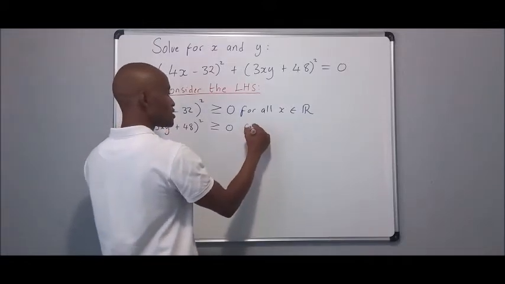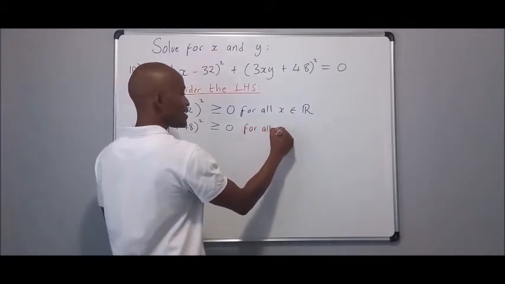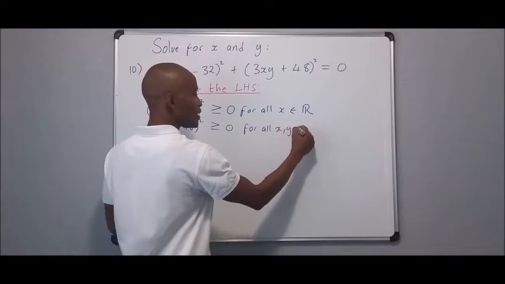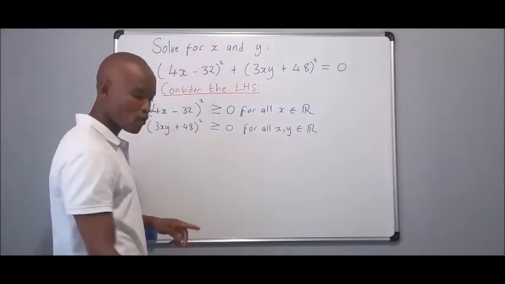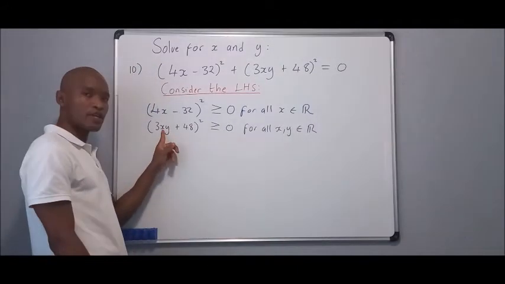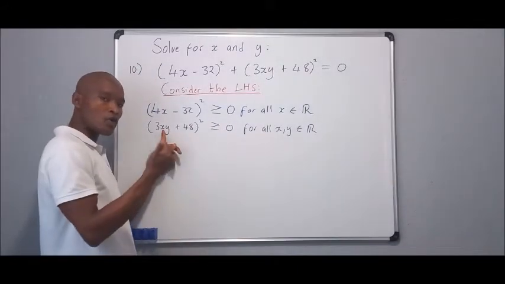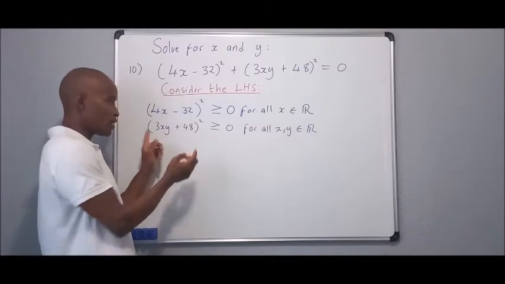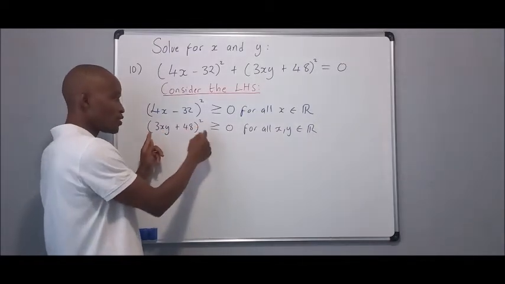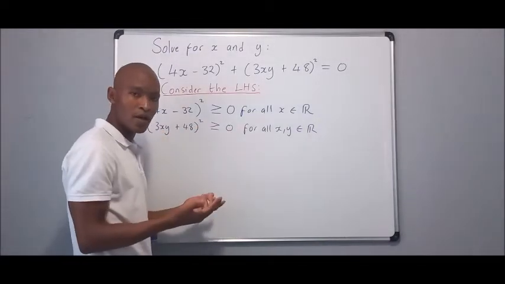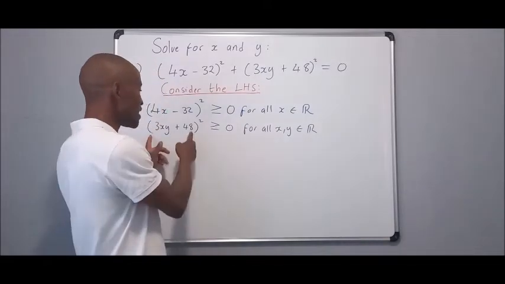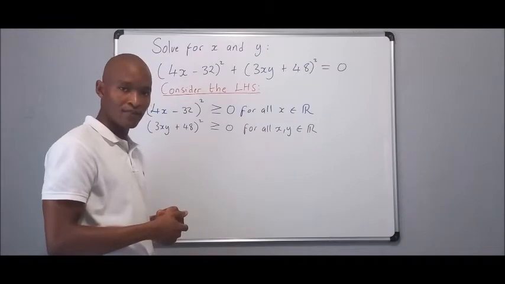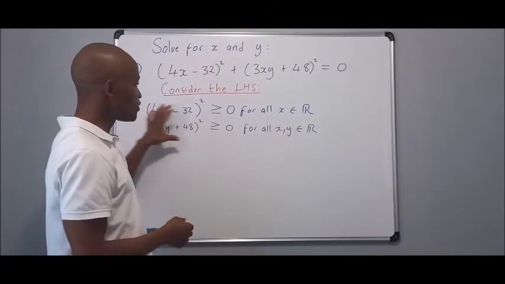So we can say for all x and y element of real numbers, whatever numbers we put here for x and y, negative, 0, or positive, when we square it, we'll always get a positive number, or 0 if the base is 0. So far I believe you are with me.